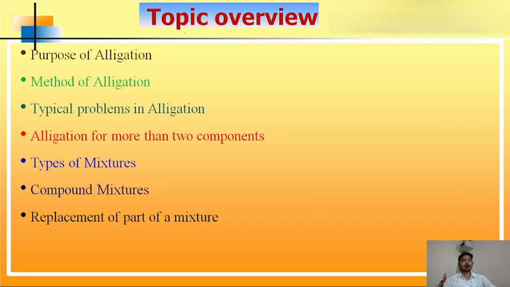First we'll see the purpose of allegation, then discuss the various methods of allegation, then cover some typical problems under the allegation topic, and then how to apply the allegation rule when more than 2 components are given.